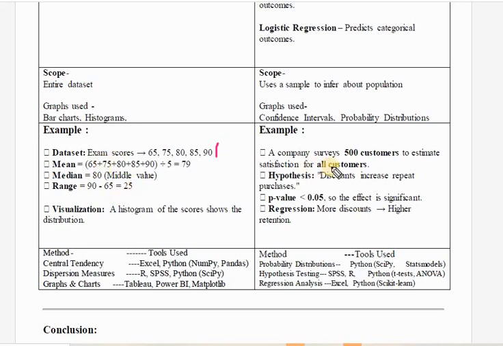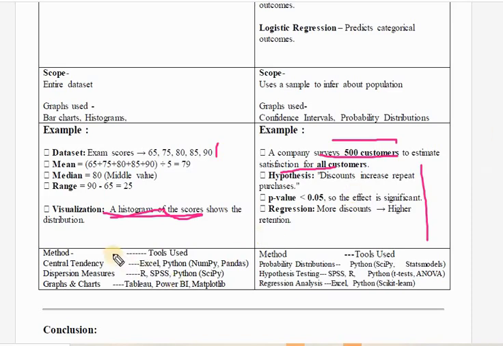Whereas in inferential statistics, a company would survey 500 customers to estimate the satisfaction of all customers. It surveys only 500 customers, then applies hypothesis testing, checks the p-value, and does regression. For descriptive statistics, you would also plot histograms of the scores, using a few graphs and tables for visualizing the data.